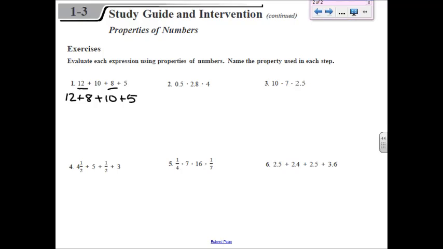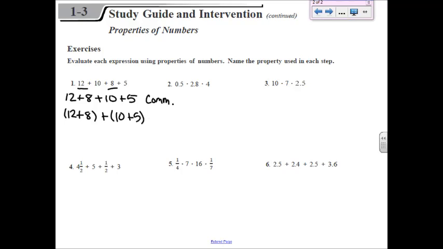And at each step we're supposed to identify the property used, and this is the commutative property, which I'm just going to abbreviate as COMM, commutative. Then we're going to group them and add them separately, and that is the associative property.